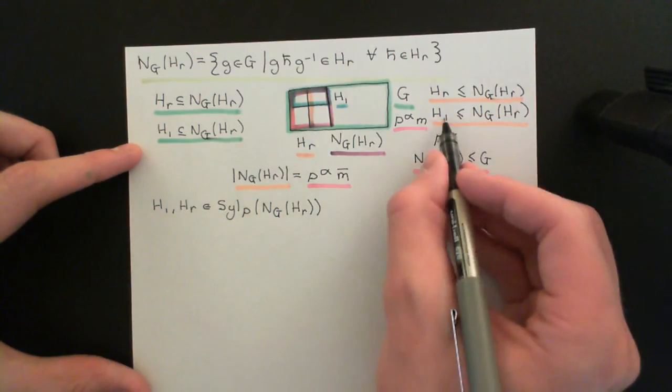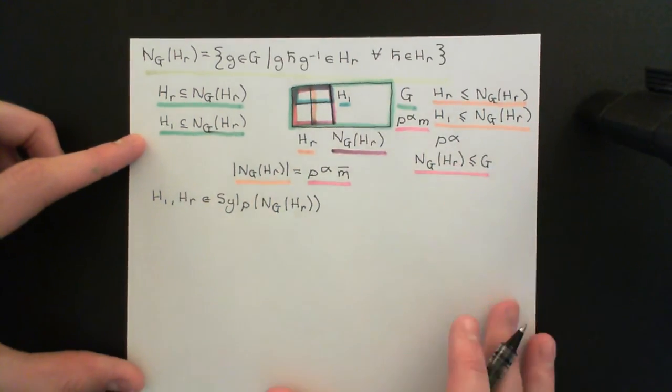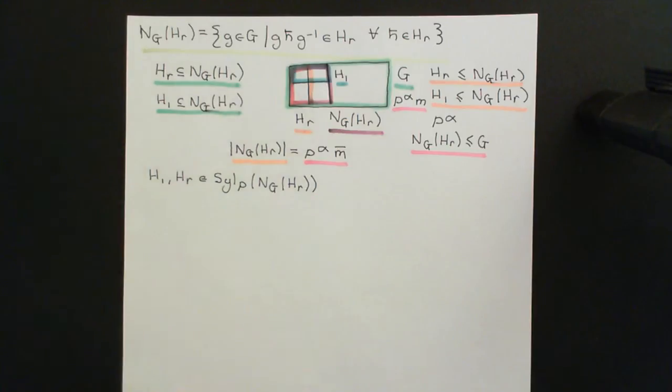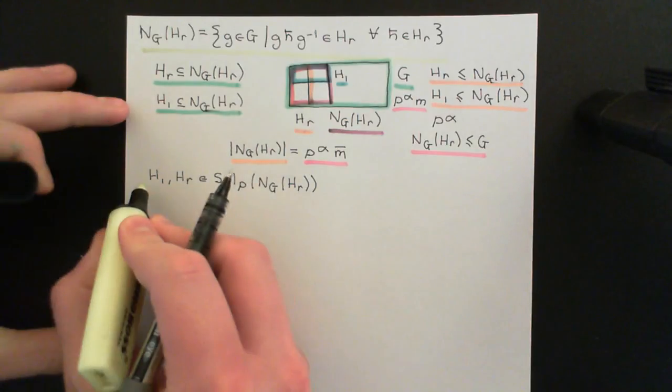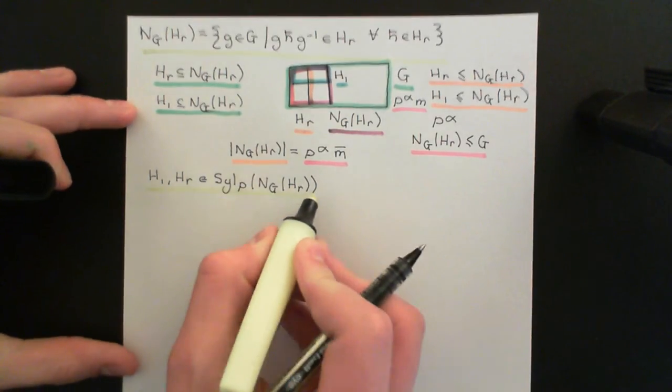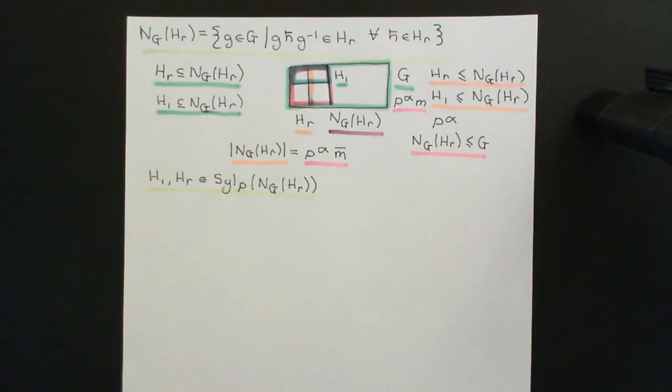These subgroups both have order p to the power of alpha, therefore they must be Sylow p subgroups in the group which is the normalizer of HR in G. Okay, and we're very close to our contradiction, I promise.